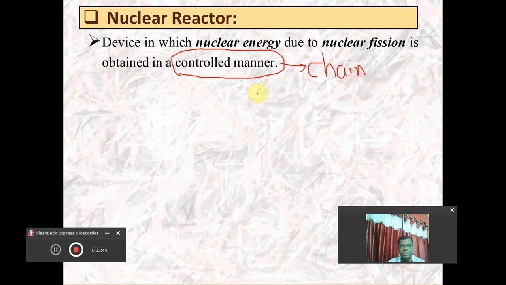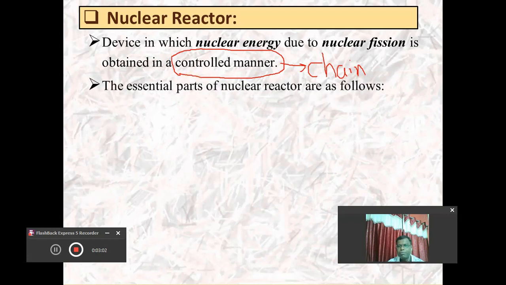Once their number is controlled, the chain reaction can also be controlled. So it's very simple: the device in which nuclear energy is obtained due to nuclear fission in a controlled manner is called the nuclear reactor.